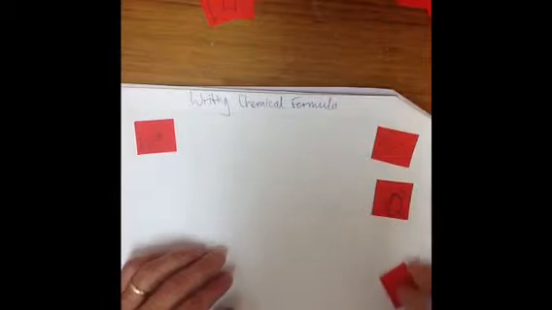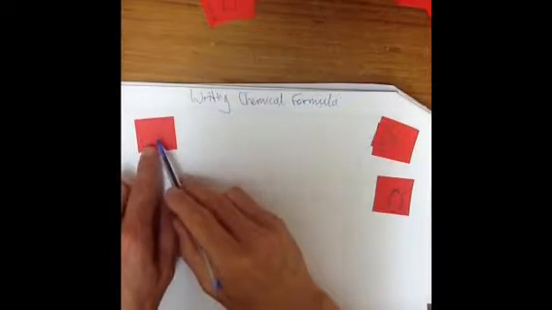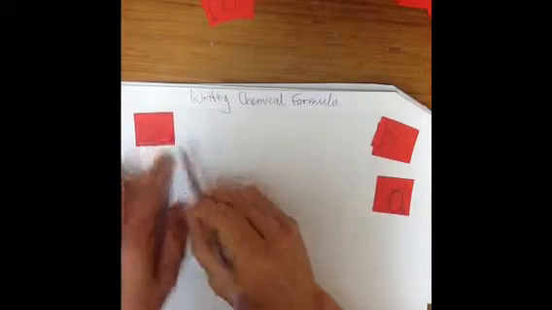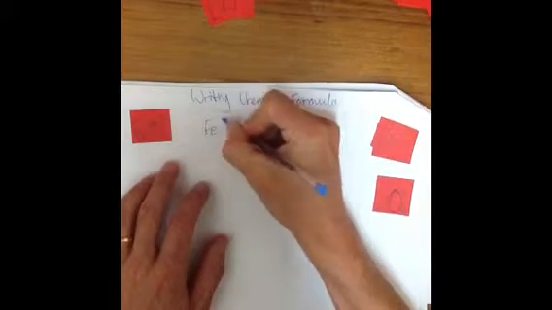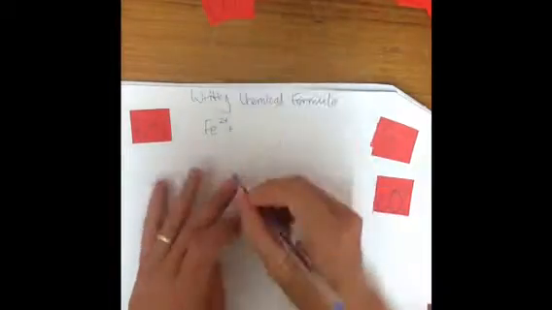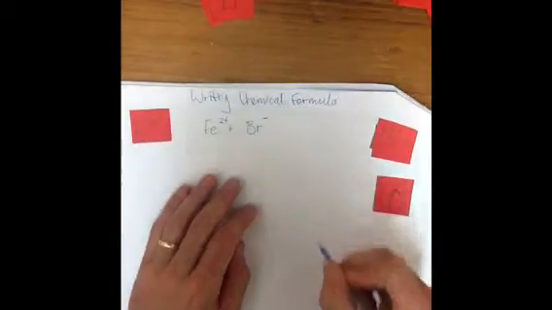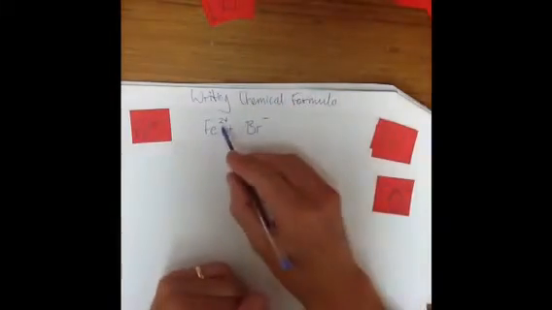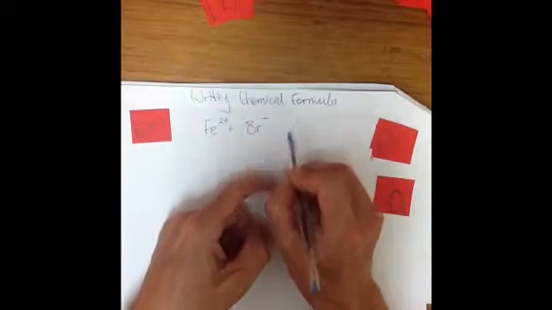Alright, so now I'm going to show you if I have an ion of 2+, so in this case we have Fe2+, and it's going to combine with bromine, which is a -1. So 2+ plus a -1 doesn't balance out to 0.